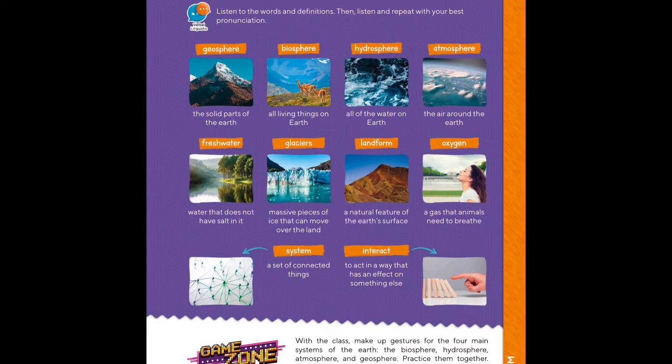Glaciers. Landform. A natural feature of the Earth's surface, okay? That is landform. Oxygen. System. And last one, interact.